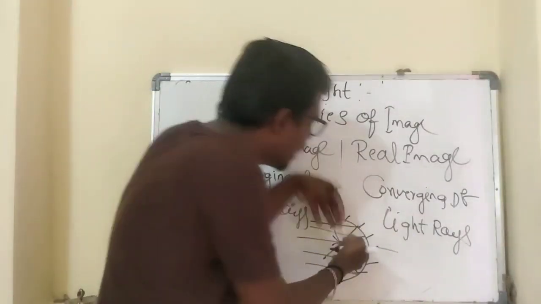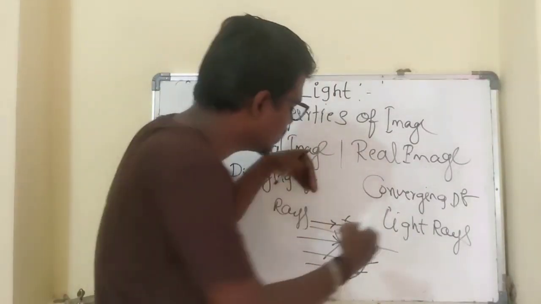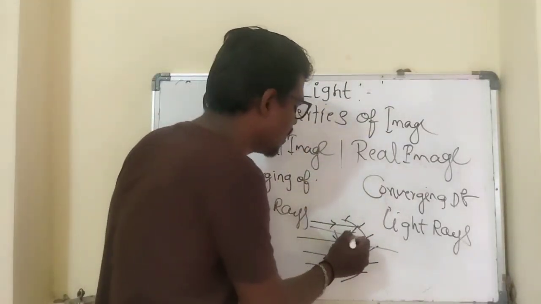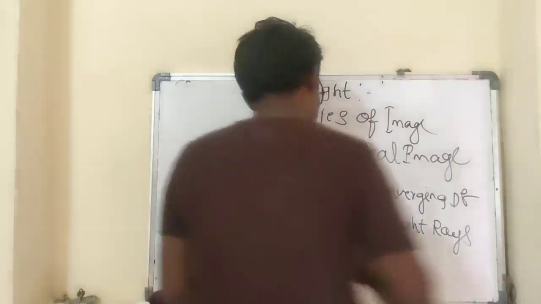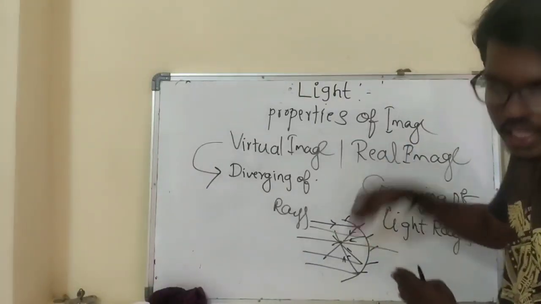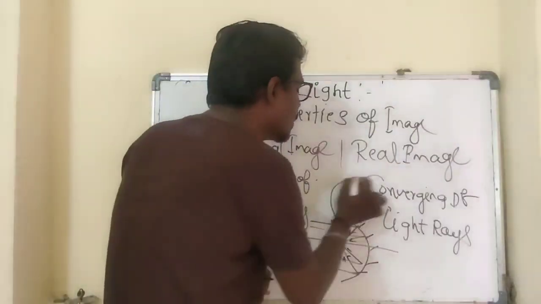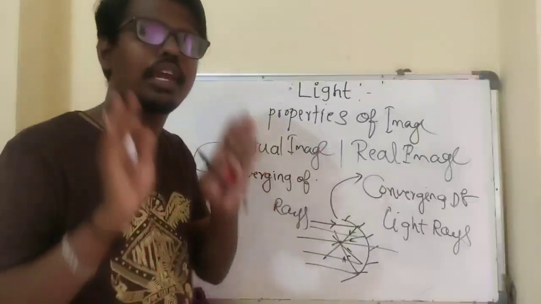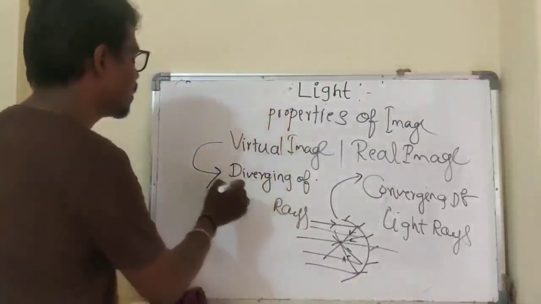This is converging. Have you seen that? The rays are meeting at a single point. This is nothing but converging of light. Here the real image is formed.